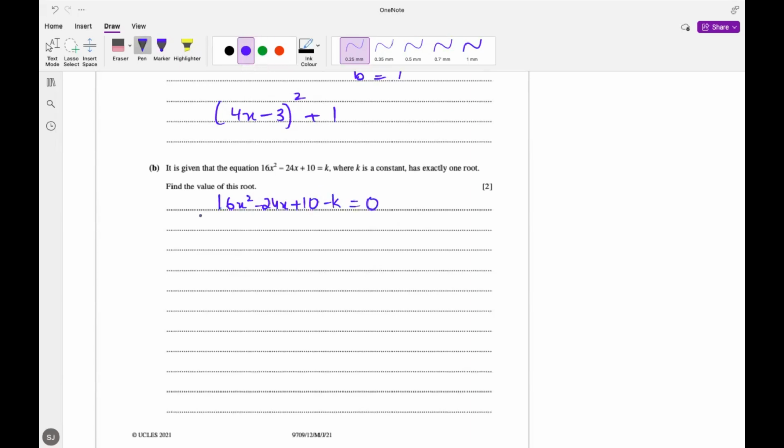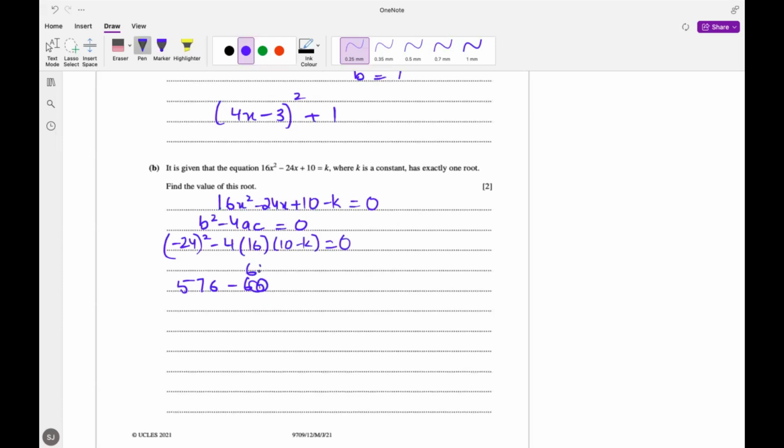So using b squared minus 4ac equals 0, we'll get b is minus 24. So this will be (minus 24) whole squared minus 4 into a, which is 16, into (10 minus k) equals 0. 24 squared, if you substitute this in the calculator, is 576. Minus 4 times 16 times 10. So 4 into 16 into 10 is 640.